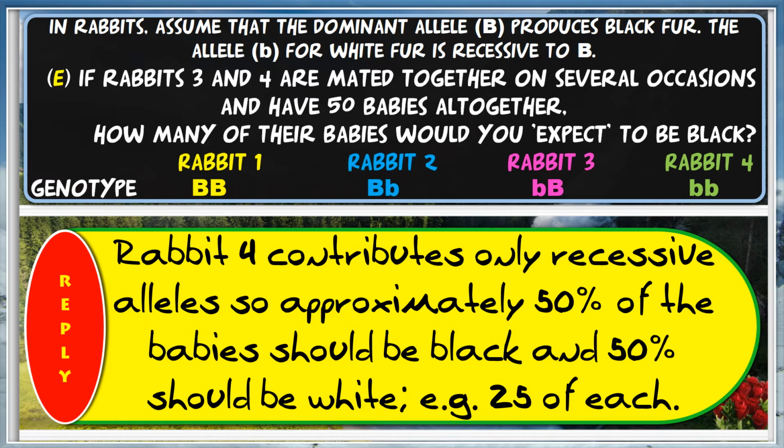Rabbit 4 contributes only recessive alleles, so approximately 50% of the babies should be black and 50% should be white. That is 25 of each.